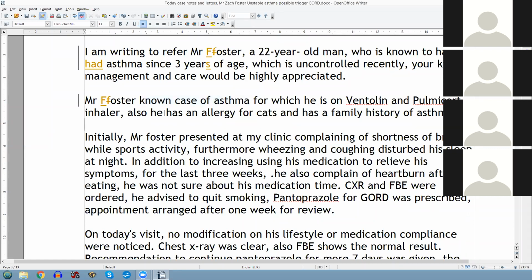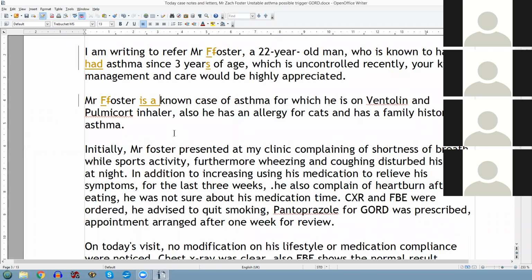That aside, in grammar terms it would either be "is a known case" or "has a known case," but we need an auxiliary verb and an article. "Is a known case of asthma, and for which he's on a ventilator. Also, he has an allergy to cats and has a family history of asthma." Again, we've said that once, and I don't know if we really need this information here.